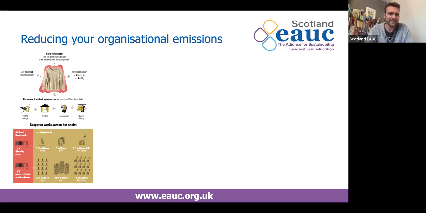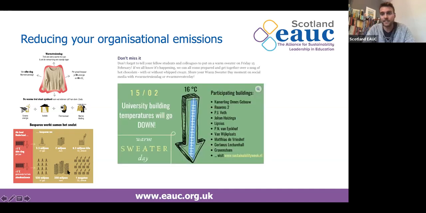And what's really nice, my Dutch is very basic, but if everyone in the Netherlands reduced their heating by 1 degree for just 1 day, collectively the Netherlands would save €2 million, and 6,300 tons of CO2 equivalent would be saved. If they reduced it by 1 degree for the entire heating season, that would be 1 million tons of CO2 saved and €350 million. And lots of universities get behind this.